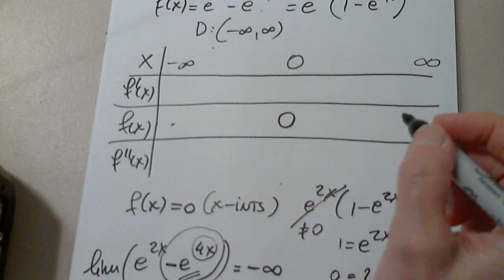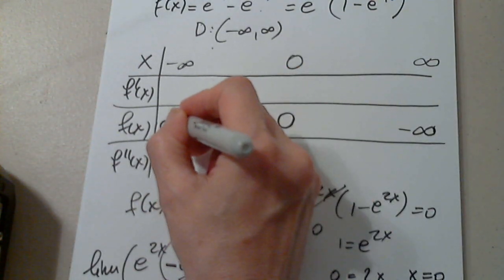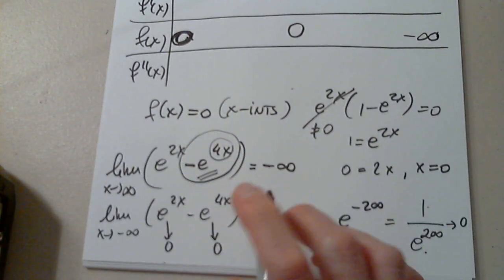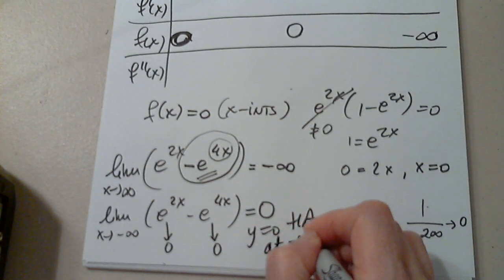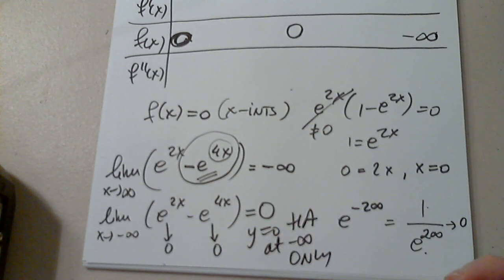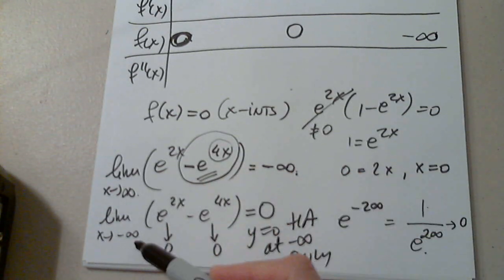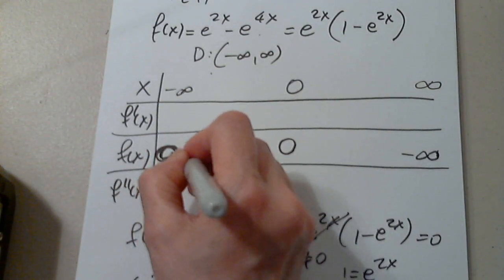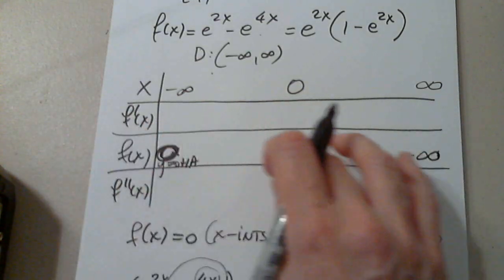Very easy to catch our mistakes. Zero. Therefore, this means y equals 0 is a horizontal asymptote at negative infinity only. This is not a horizontal asymptote, but this one is. I'll make myself a note. Y equals 0 horizontal asymptote. I exhausted the function. This is done.